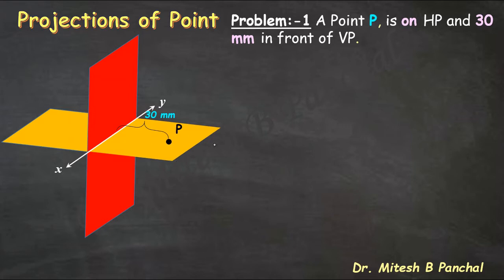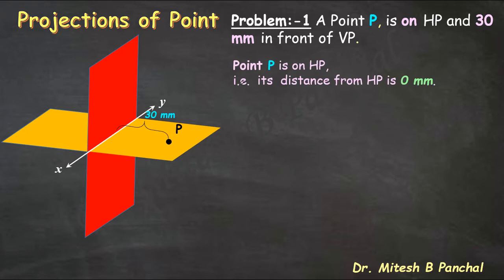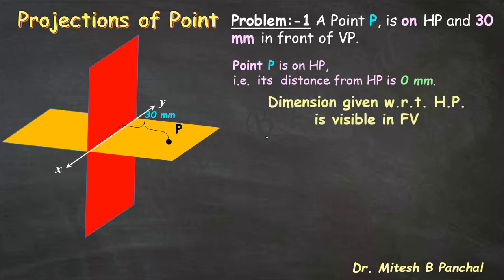Now considering the second point that is related to the dimension, here point P is on HP. It means its distance from HP is 0, because the point is on HP. So we know this point: dimensions given with respect to HP is visible in front view.